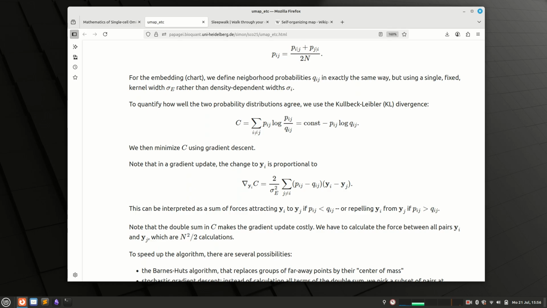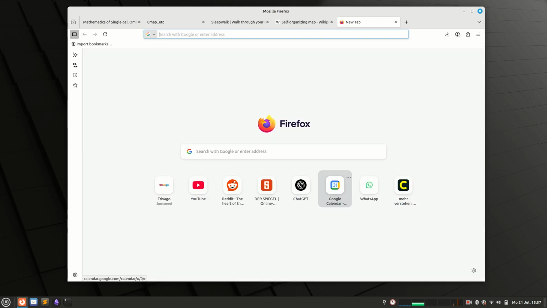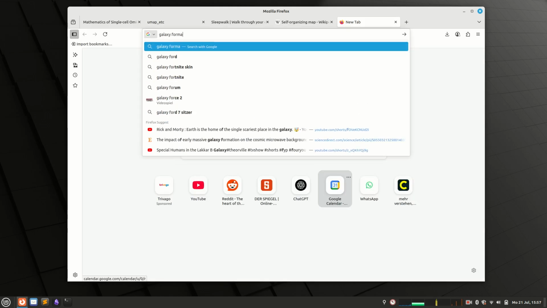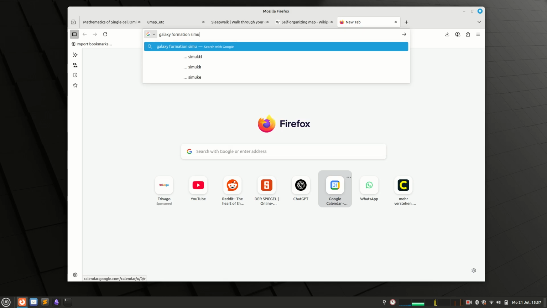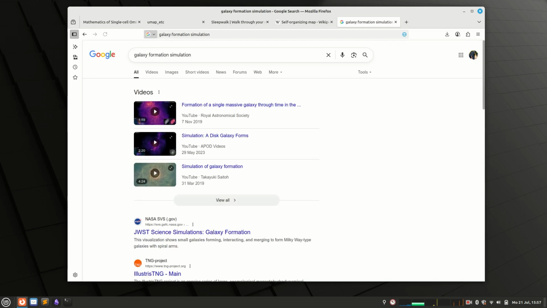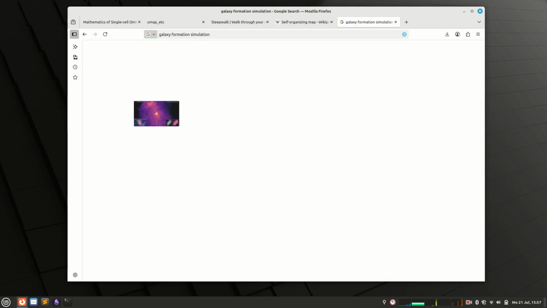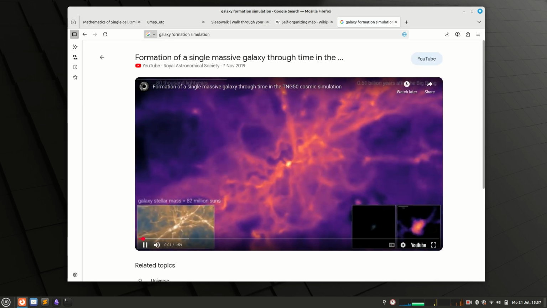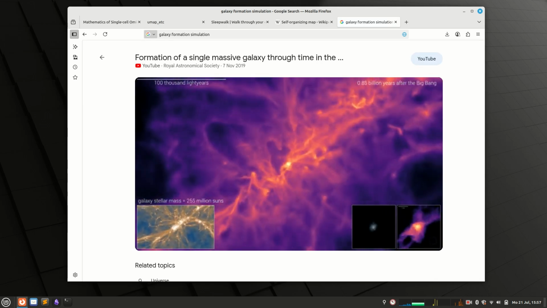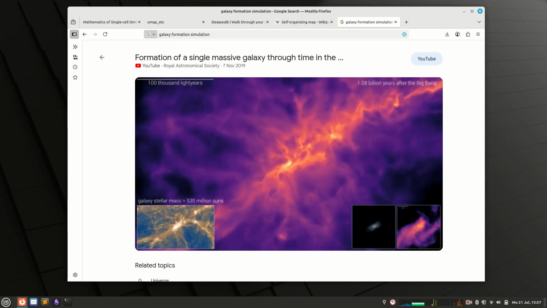And interestingly enough, a couple of physicists came along and said, we know this problem. Whenever we want to calculate galaxies, have you ever seen the galaxy formation simulation? Have you ever seen these kinds of simulations here?